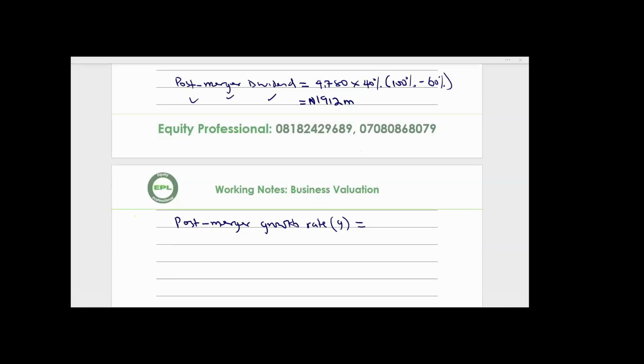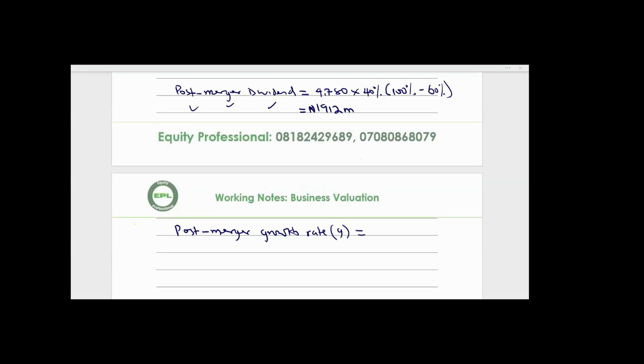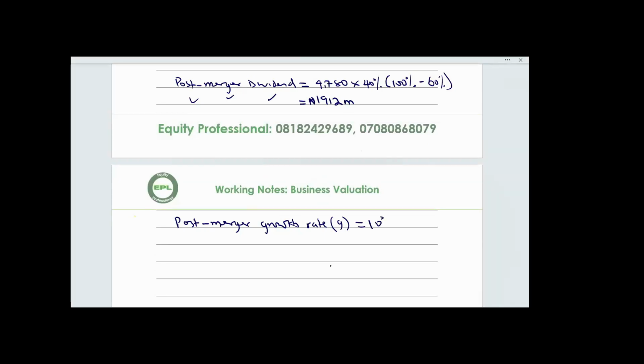And the cost of equity after merger will alter to 14%. So growth rate is 10%, and the dividend yield or rate of return, R, will be equal to 14% after the merger.